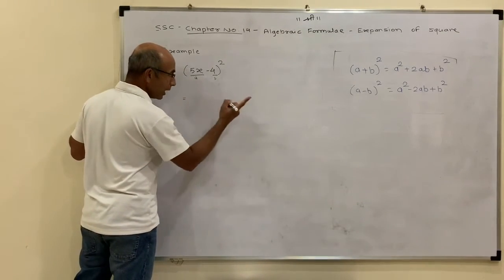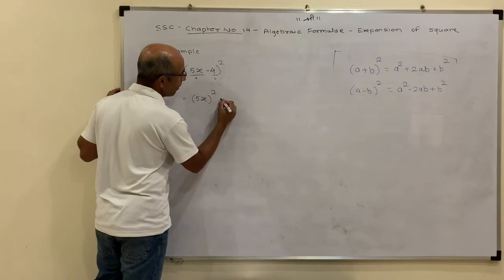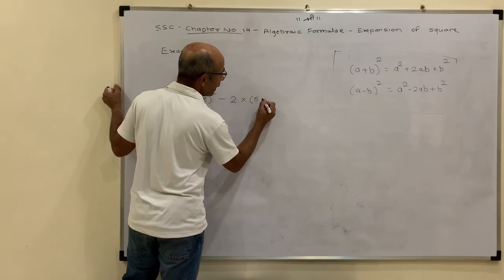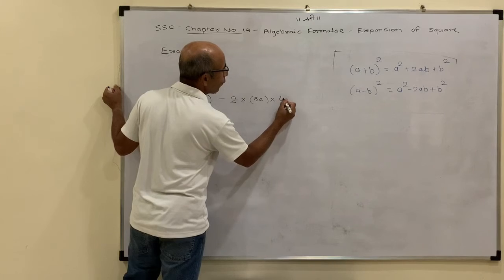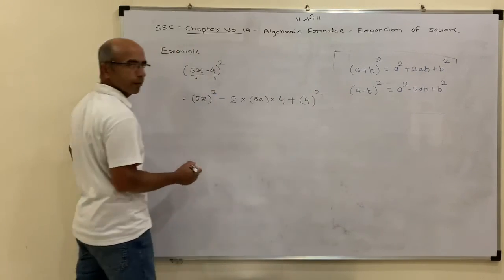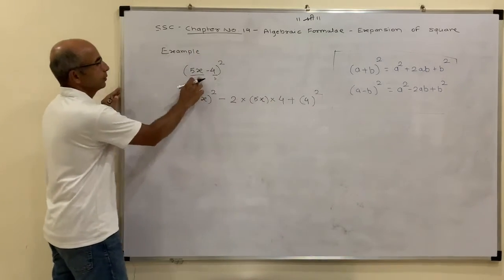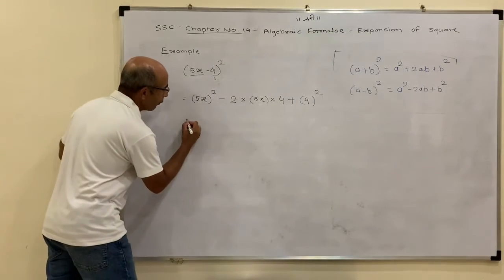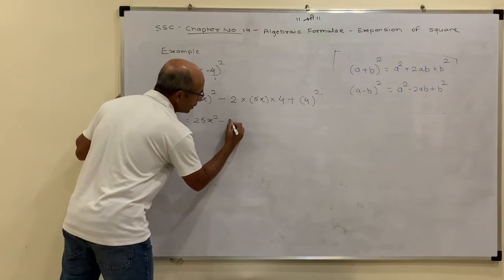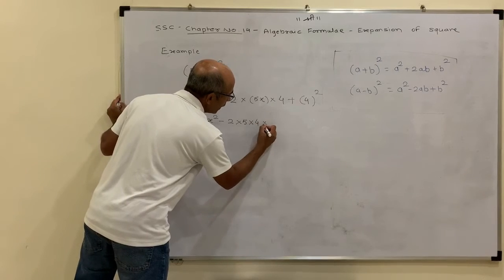So with that formula, (5x)² − 2 into 5x into 4 + 4². So (5x)² comes out to be 25x² minus 2 into 5 into 4 into x.